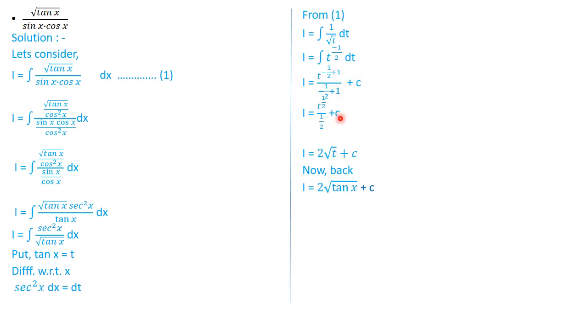Therefore, minus half plus 1 becomes plus half. Therefore, we get the answer as I is equal to 2 into root t plus c. Now again by back substitution t is replaced by tan x. Therefore, I is equal to 2 root tan x plus c.